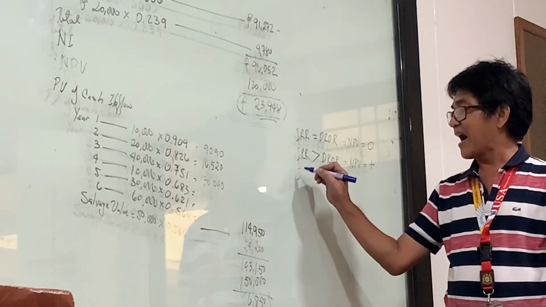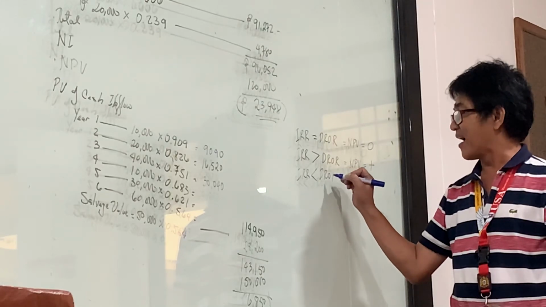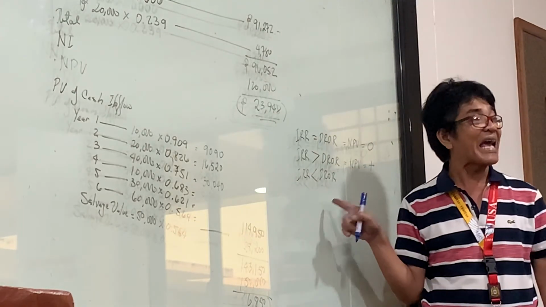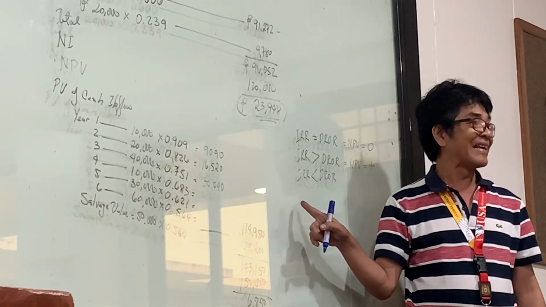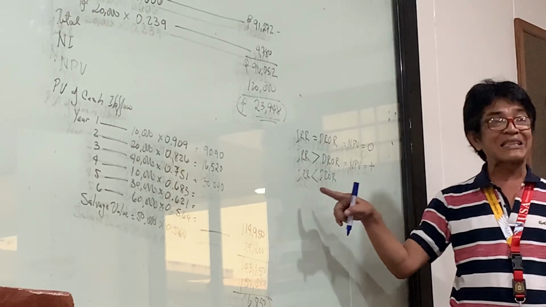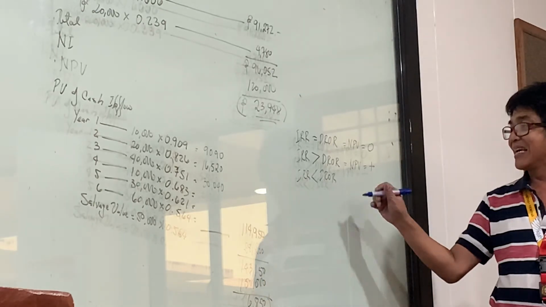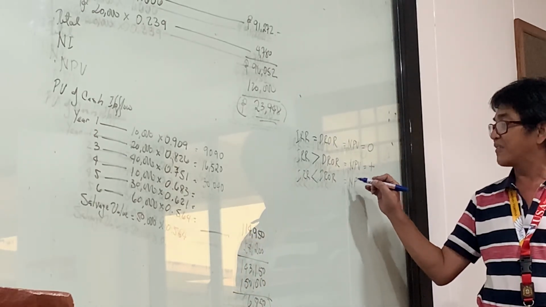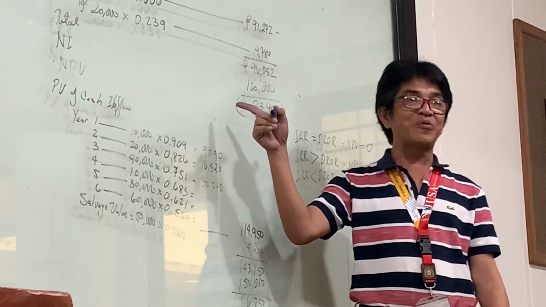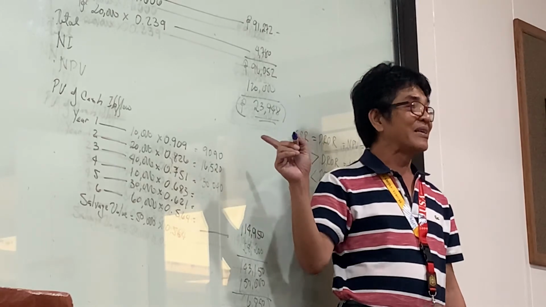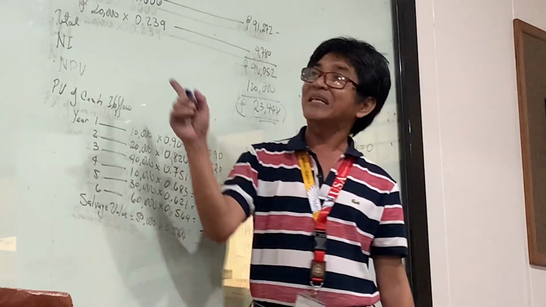When your IRR is less than your DROR, please take note, that is only your desired return, not the actual return. So the net present value is negative. Meaning, when your net present value is negative, your IRR is less than your DROR.